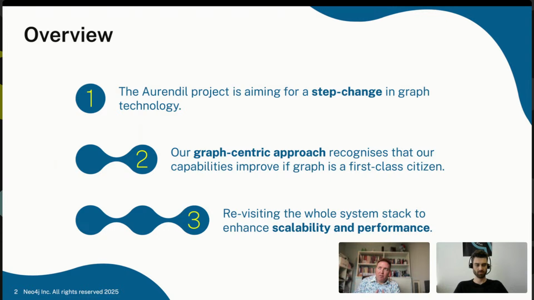They want to detect fraud in real time, or do complex analysis through irregular networks. One of the things we set out to do from the beginning is to look at how we get to the next level of scalability and performance so that we can enable these future applications on Neo4j. So that's the high-level part of the project.